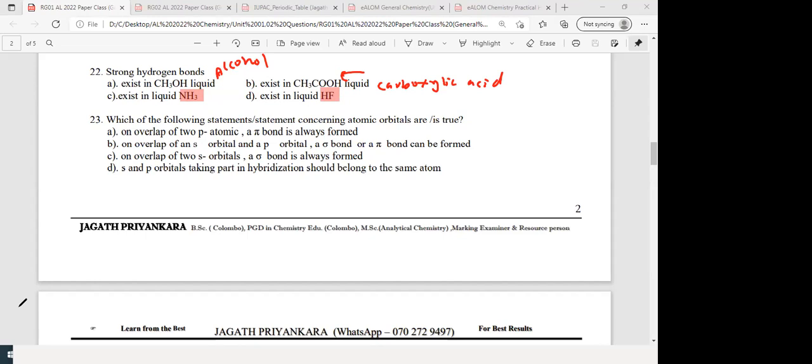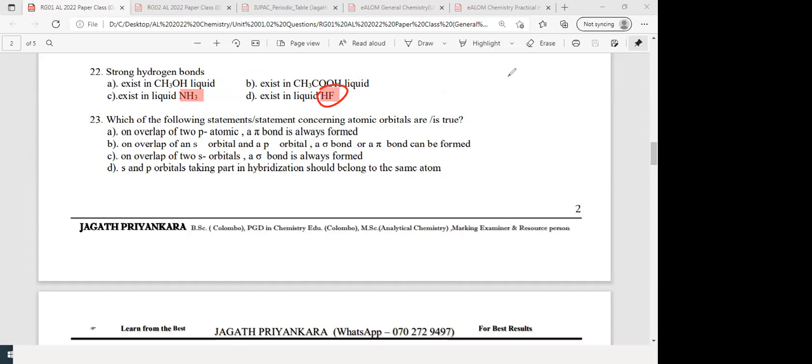Anyway, the answer is 5, because strong hydrogen bonds could be present in all of these. HF has hydrogen bonds, because OH, NH, HF groups all contain hydrogen bonds. You can't really say weak or strong, but approximately all of these contain hydrogen bonds. Otherwise you could have only HF, the strongest one, with the highest electronegativity difference. Question number 22, answer is 5.